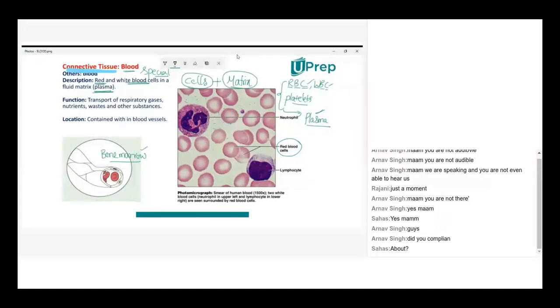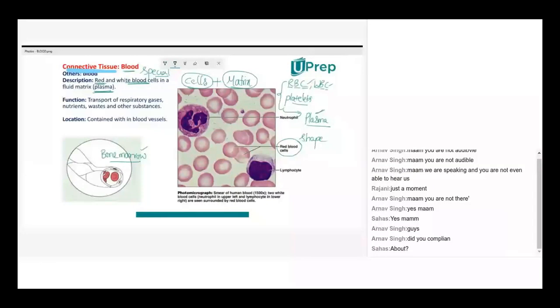Now, when you take the red blood cells, anybody know the shape of red blood cell? Any idea? Disc shape. Came to 9th standard. Use some biological word.